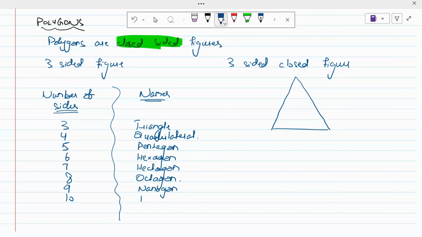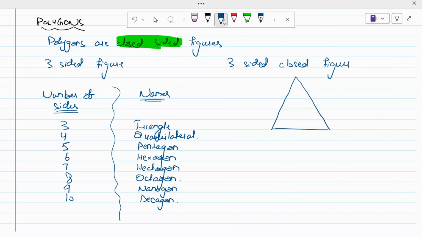And 10 is decagon. For the word decade, decade means 10 years. So DEC of decade has been taken from decagon only. Decagon, DEC, is a prefix for this 10-sided polygon. These are the common polygons along with their names you should know, which we can expect in exams and the books as well.